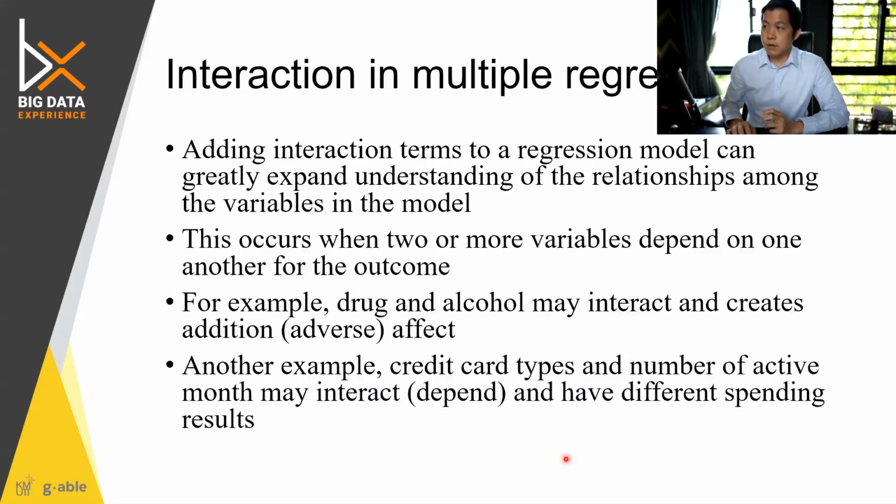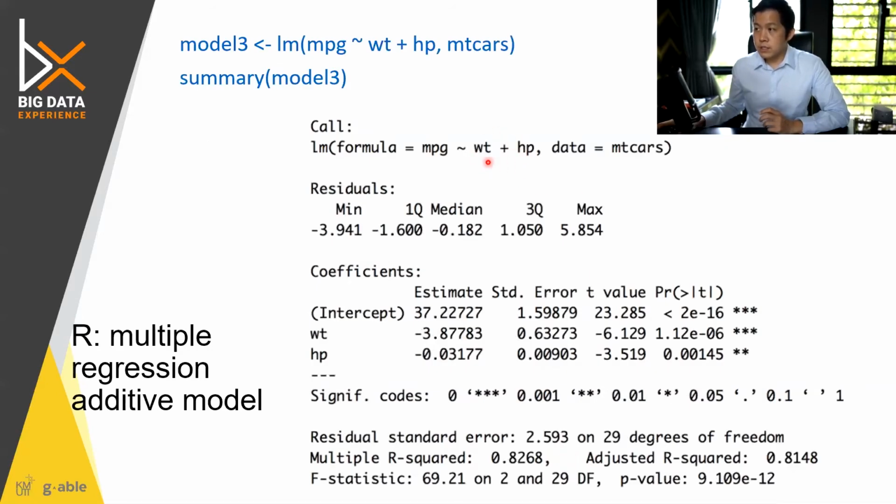Please notice here that when I add two parameters, I add them with the plus sign, add one to another. This implies the assumption that WT, the weight, contributes to the economy of the cars, and horsepower also contributes to the saving of fuel in the cars, but they both contribute independently.